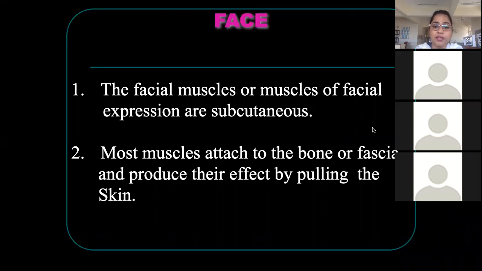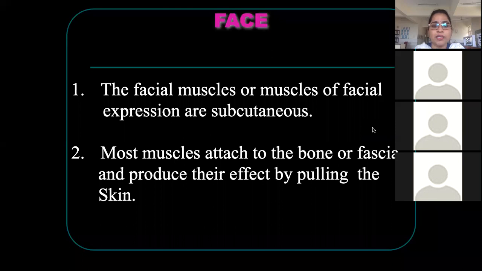But in the face, we don't have deep fascia. Why? Because if deep fascia is there, if our face is packed, then what happens? What is the important thing? Opening and closure of the orifices of the face. What are the orifices of the face? Eyes, nose, mouth, ears. Orifice means openings.